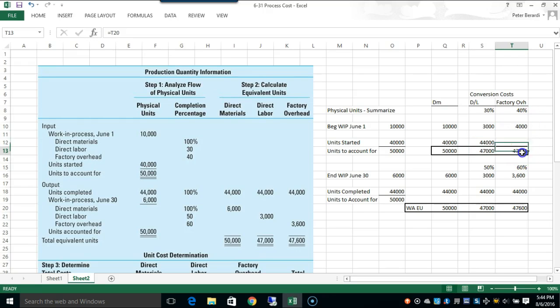To get from 4,000 to 47,600, your units started are going to be 43,600.